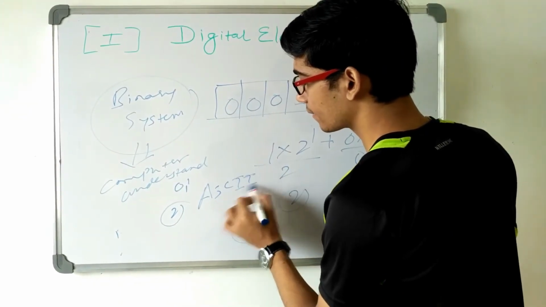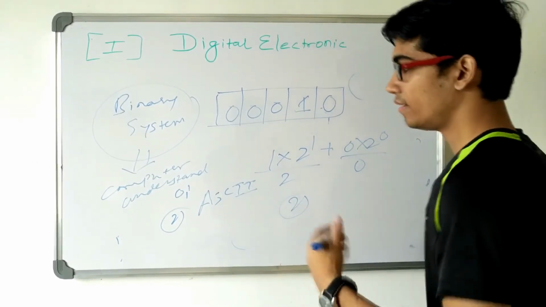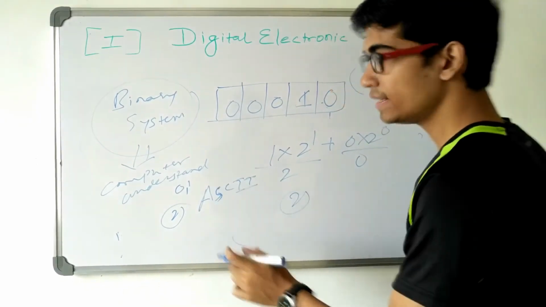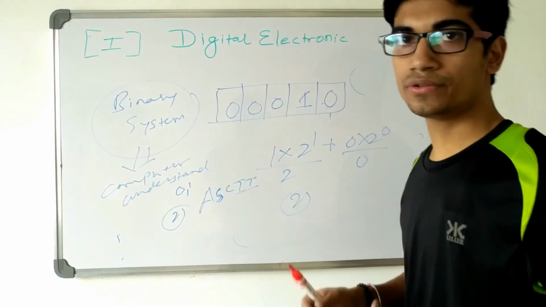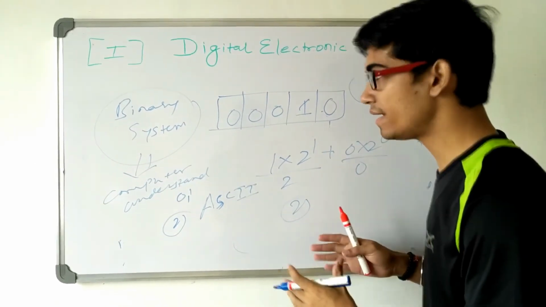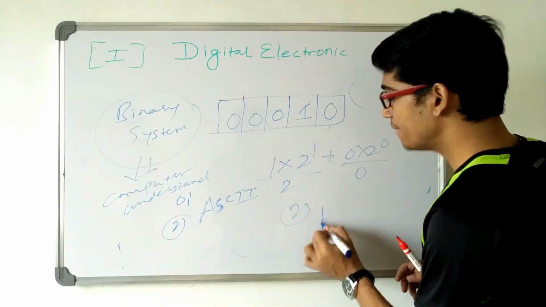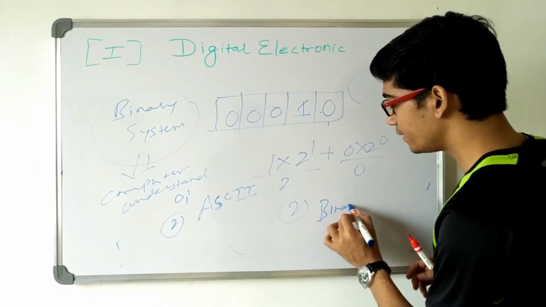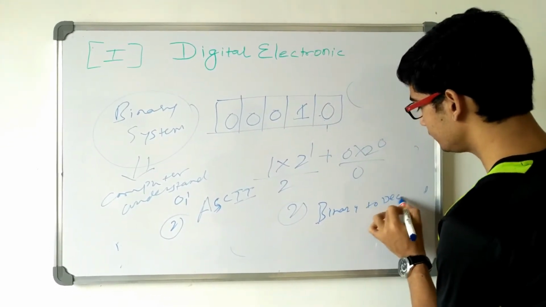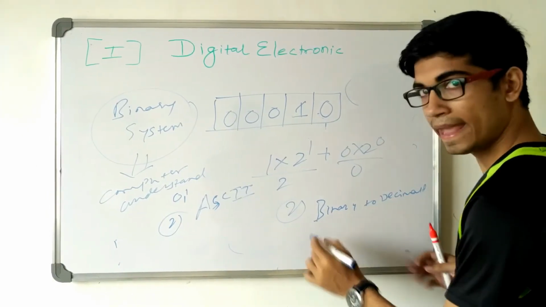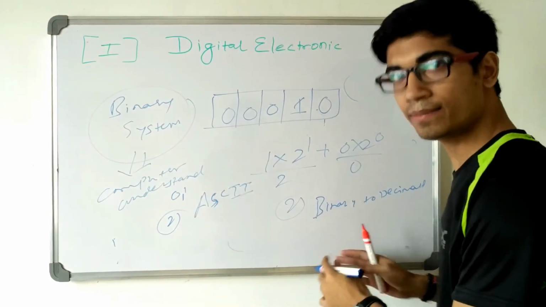ASCII and several other codes. We will deal with this in later stages. So for now, my focus is to make you understand why the binary system is used, before doing conversions. We will be converting binary to decimal and vice versa, and there are certain others like hexadecimal and octal.